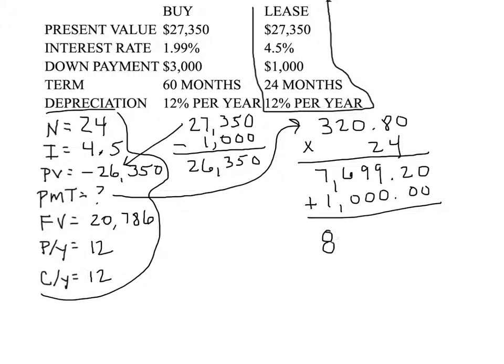So my total cost for this is going to be $8,699.20, because I put $1,000 down to begin with, and then I figured out my payment, $320.80. Once I got the $320.80, I multiplied it by 24, got that, added the 1,000, and so then I get my total.